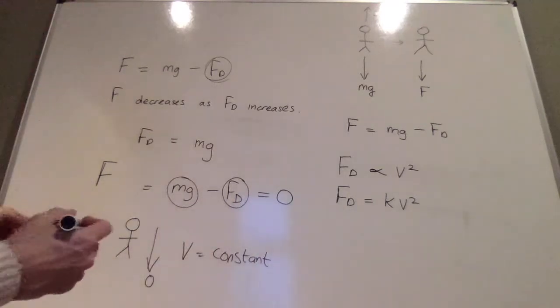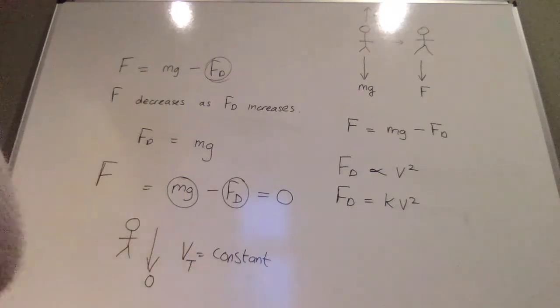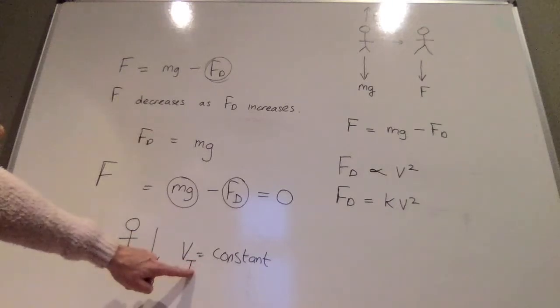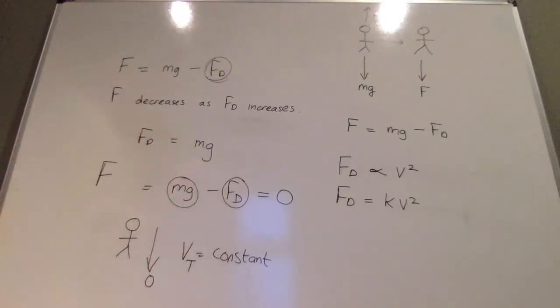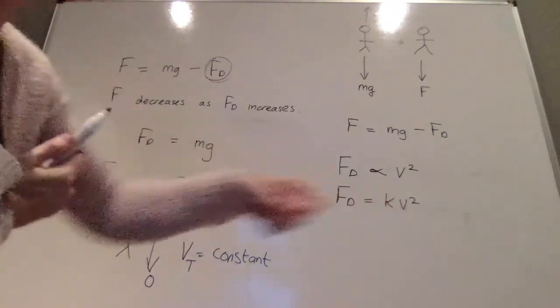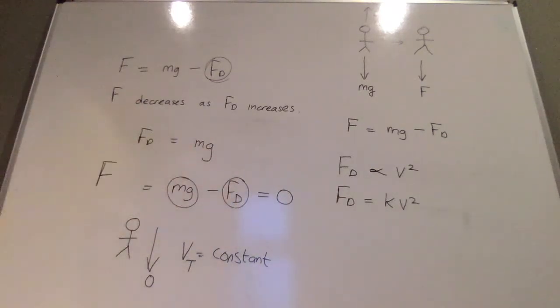Okay? And that's the interesting thing. We'll call the constant velocity Vt. Because now, if its velocity is constant, the Fd isn't going to change anymore because it only changed when the velocity changed. So Fd will remain at that value. Mg is a constant value, the weight of the object.